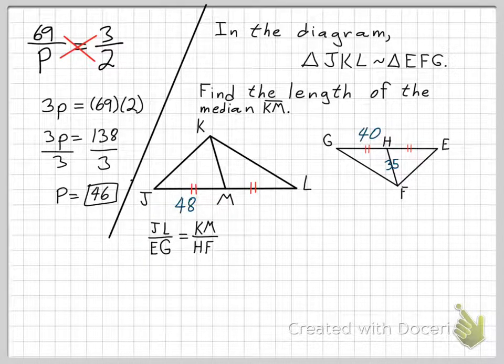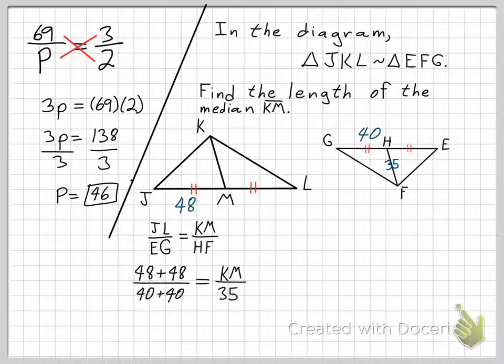So that's how we get that proportion. And then, moving along and filling those in, JL is this entire length, and we know that JM is 48, but it's congruent to LM, so 48 plus 48, that's where I get the 48 plus 48 from, is going to be equal to my length JL. And then also EG, similarly, is 40 plus 40 here as well.